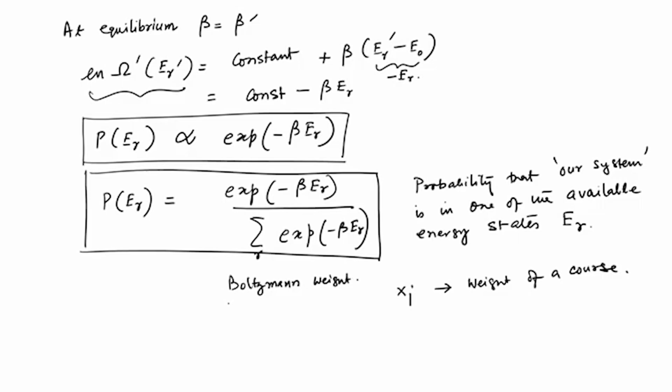and we will see that this is really a distribution, because a probability is like a distribution. So, this is for a general rth level, the energy state that is denoted by E_r, where E_r is any arbitrary energy state of the system.